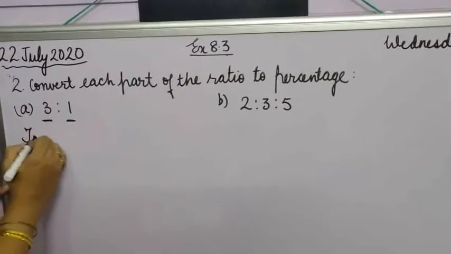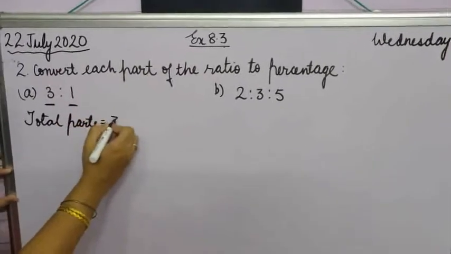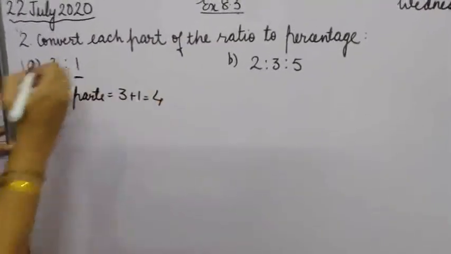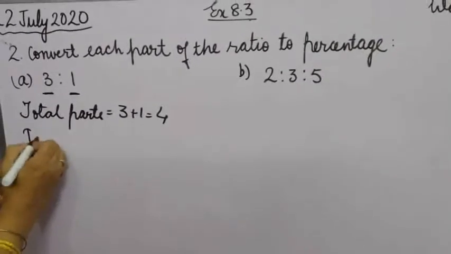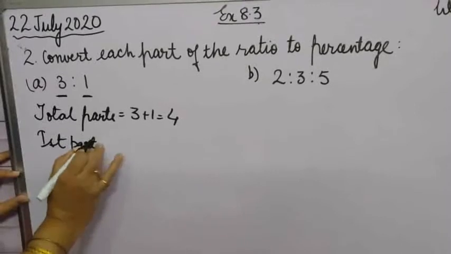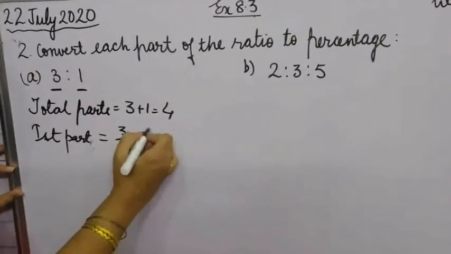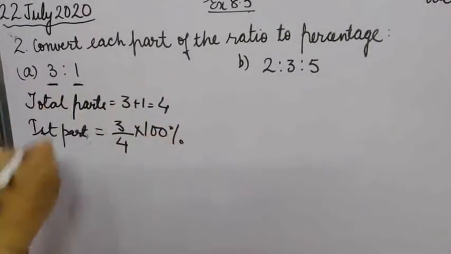Let us first find out how many total parts are there. Total parts is 3 plus 1, which is 4. So the first part becomes 3 out of 4 multiplied by 100%.